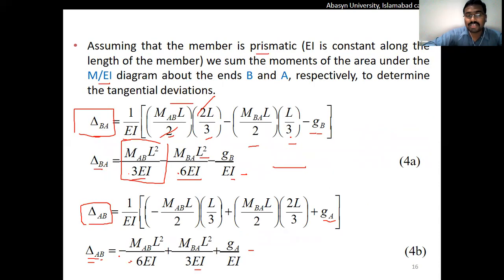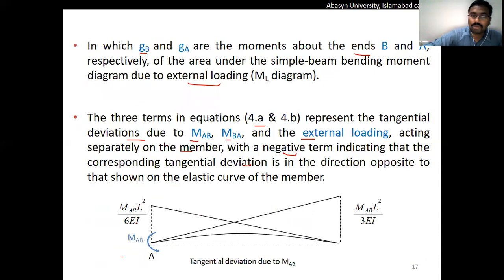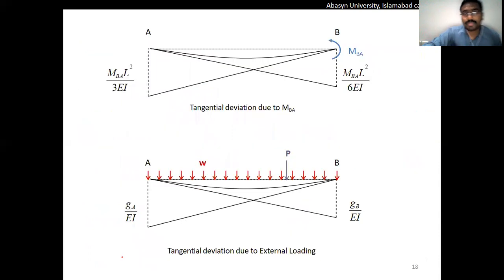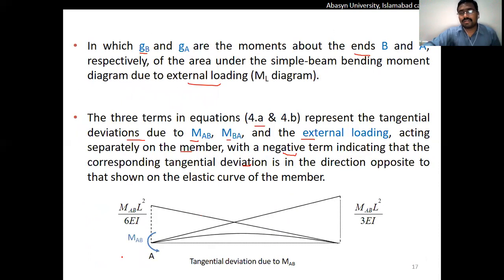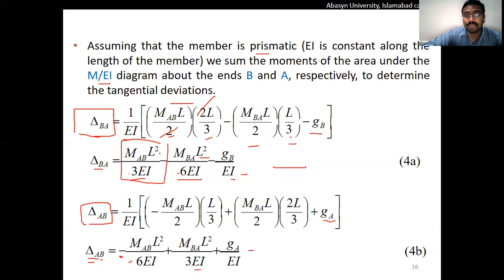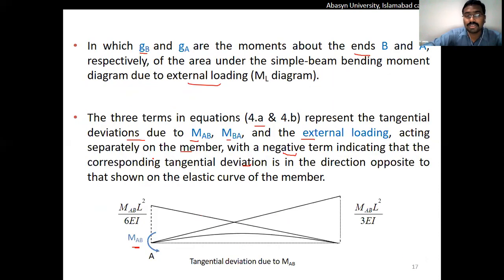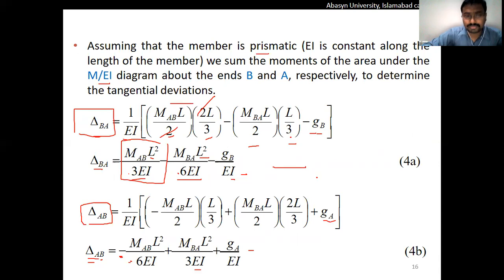If we get a minus sign with the deformations, that is, minus MBA L square over 6EI, it means that instead of anticlockwise, we will have clockwise rotations. As you can see, for the rotations due to MAB, we have a positive MAB L over 3EI, which is due to the point A moment, and similarly we have MBA L over 6EI.